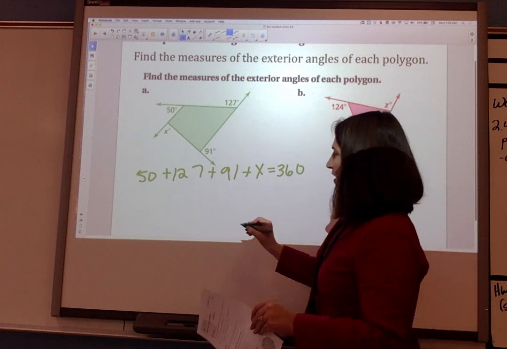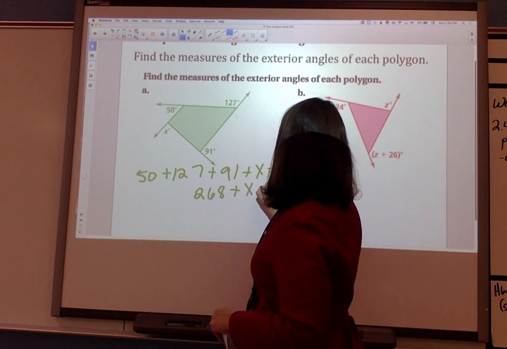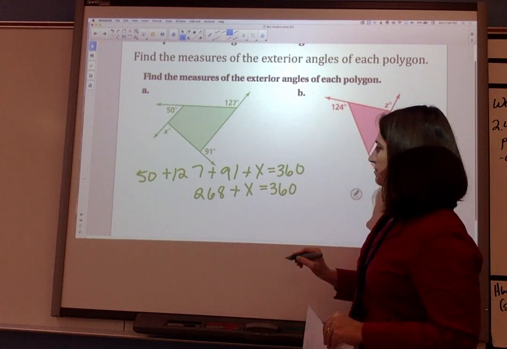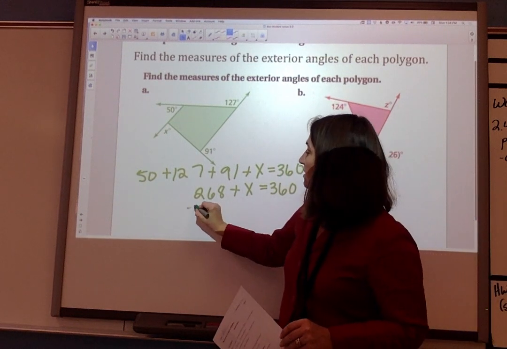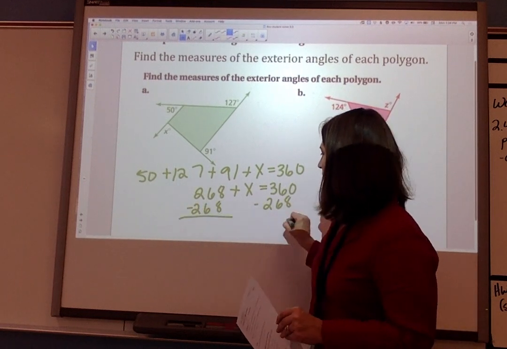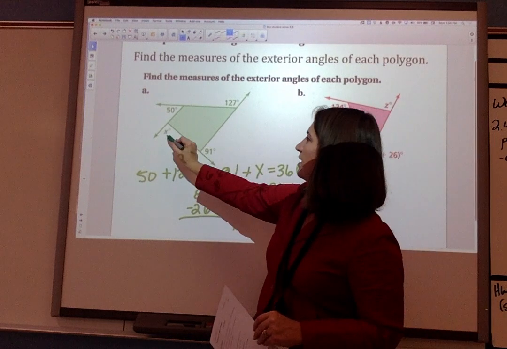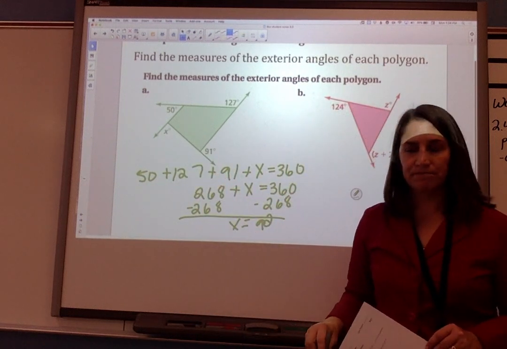We can simplify that. That's 268 plus x equals 360. We'll subtract 268 from both sides. And we get x equals 92. So this angle here is 92 degrees.